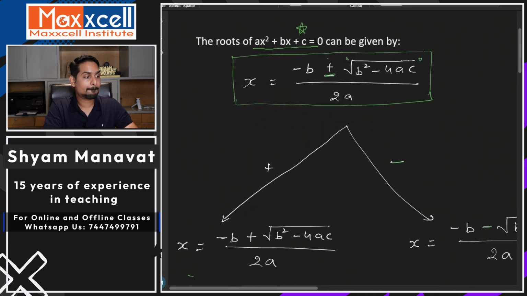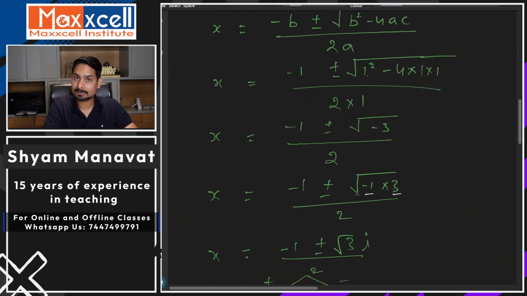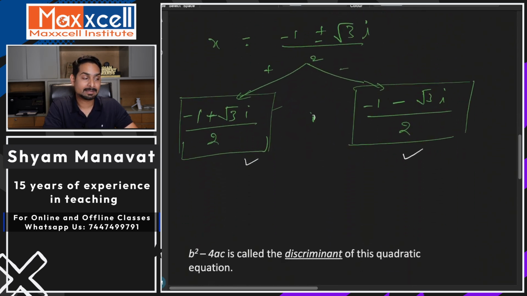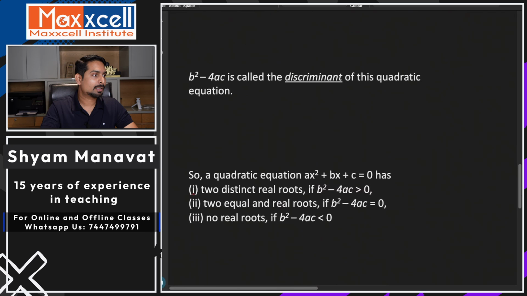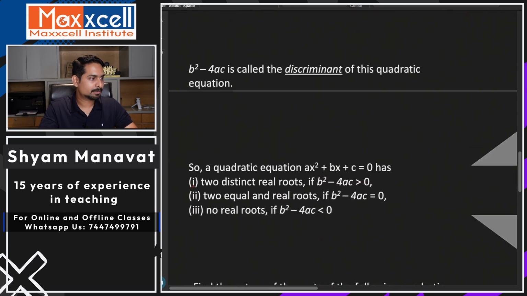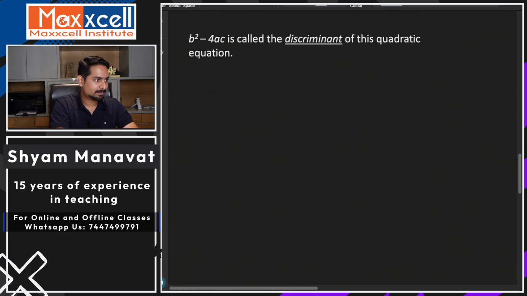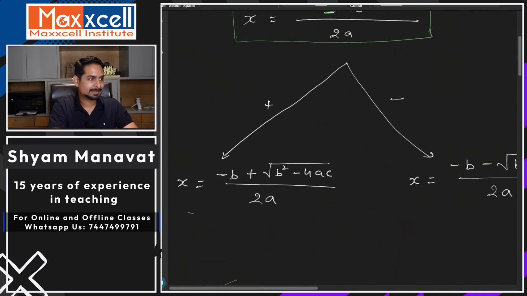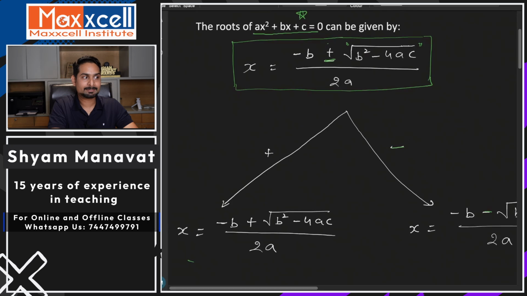What is the formula if you are not able to use the factorization method to solve the quadratic equation? Now you remember I told you to try learning the square root part of the formula separately. The formula x equals minus b plus minus root of b square minus 4ac. This part I told you to learn separately.